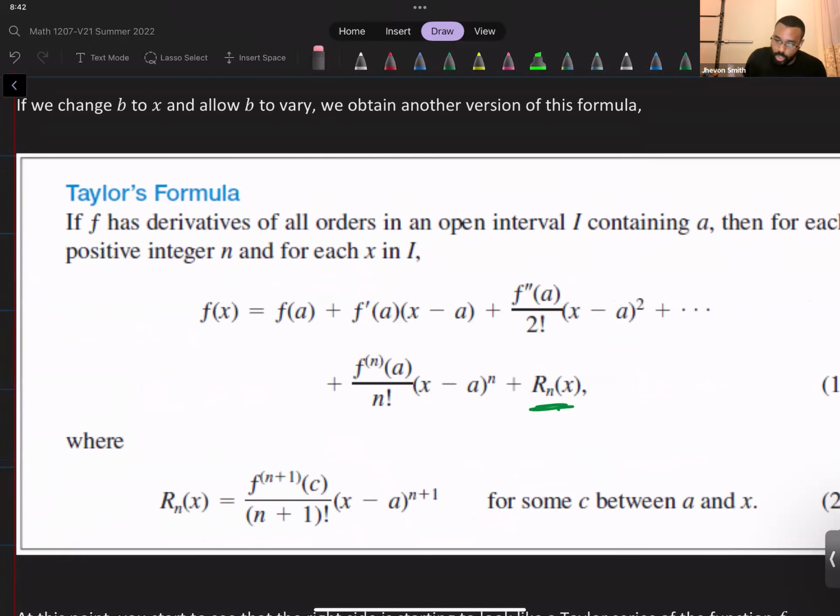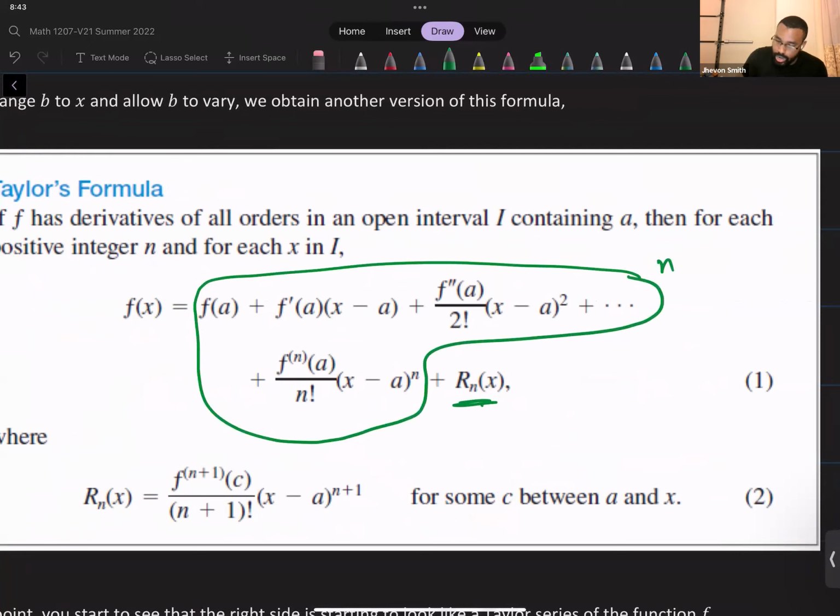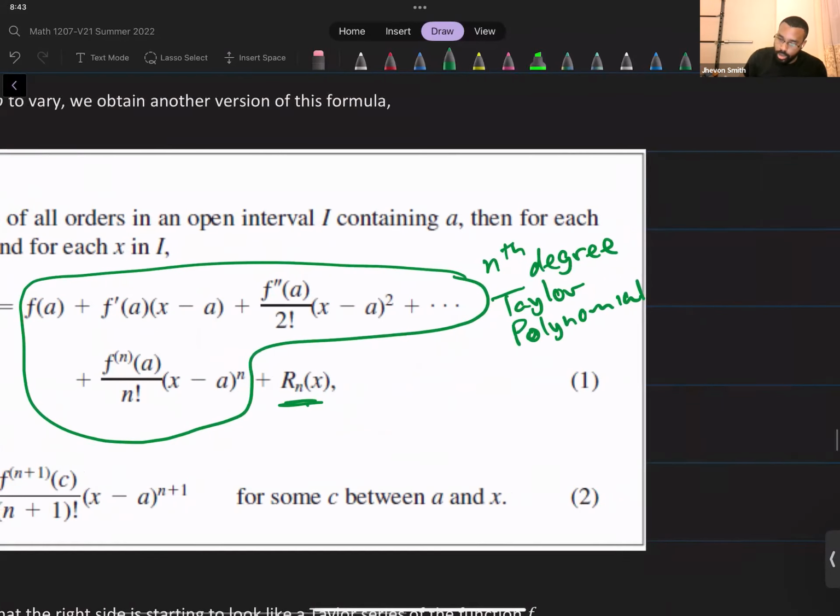So this first part here is the nth degree Taylor polynomial. So it's just a partial sum of a Taylor series.